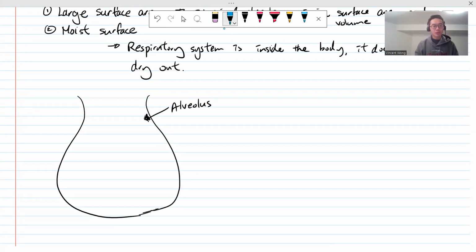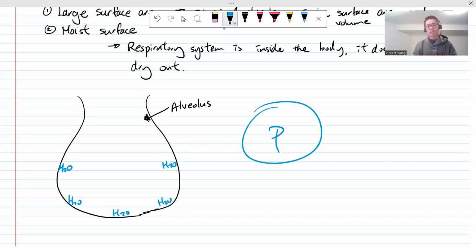Now, the moist surface means there is a layer of H2O here, right? What's a property we learned about water last semester, or you learned in chemistry when you draw the water molecule? How do we describe it? Starts with a P, the word I'm looking for.